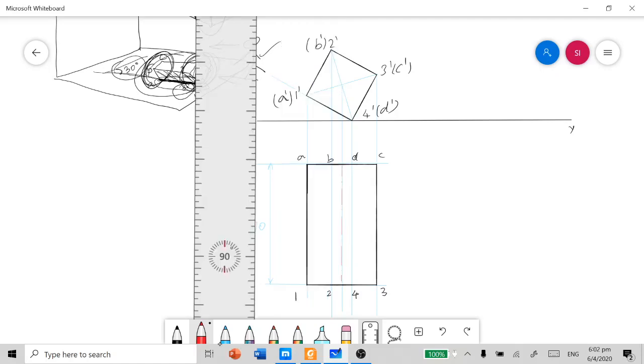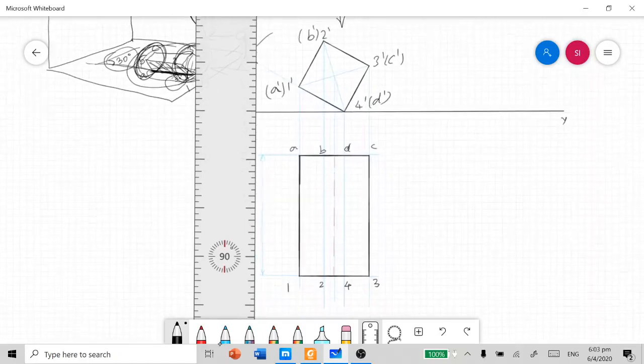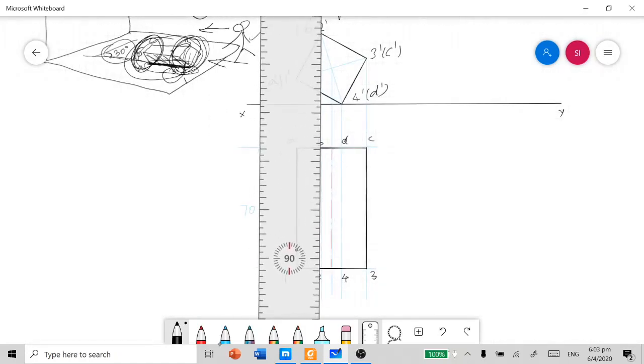You need to follow the dotted and dashed line format for highlighting the axis. Then the edge 2B, when you view it from the top, is visible to the viewer, so we need to draw it as a visible edge in the lateral view.